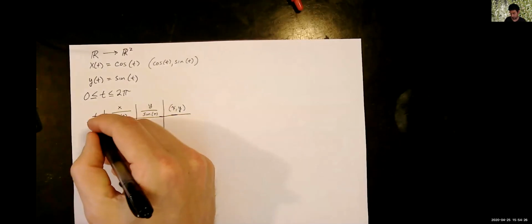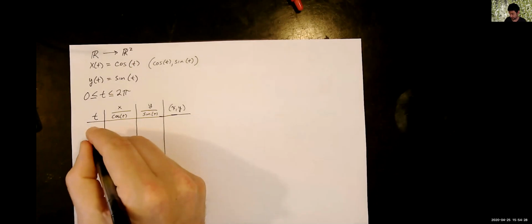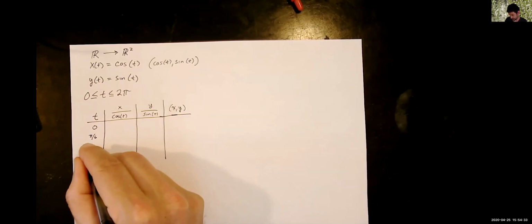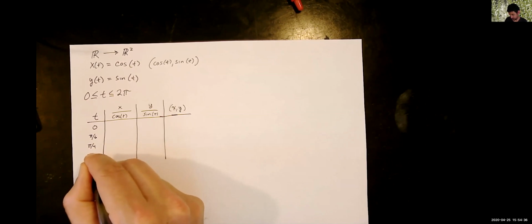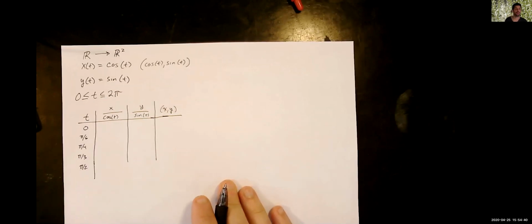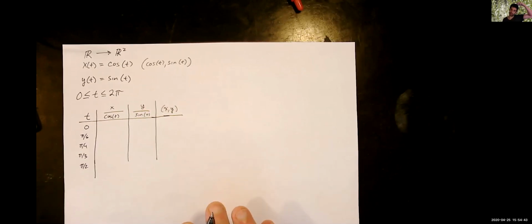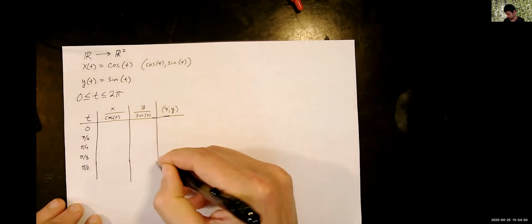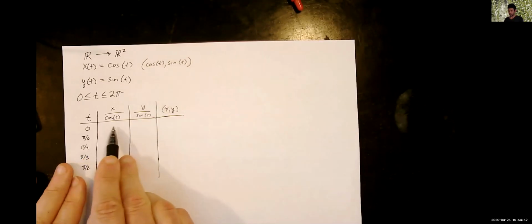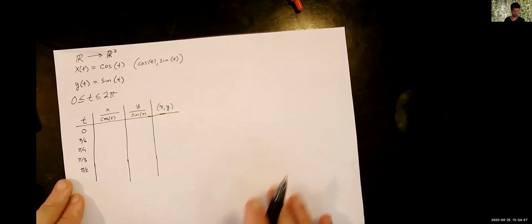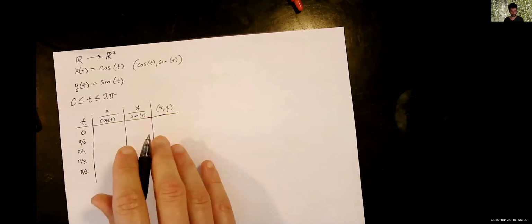So I'm going to pick convenient values of t: 0, pi over 6, pi over 4, pi over 3. If we have these values, we know that our trig functions start to repeat. There's just negatives and positives happening, but we might be able to get away without having to dig too far into those. All I'm going to do is evaluate cosine and sine at these values, and then put them together to have coordinate pairs.